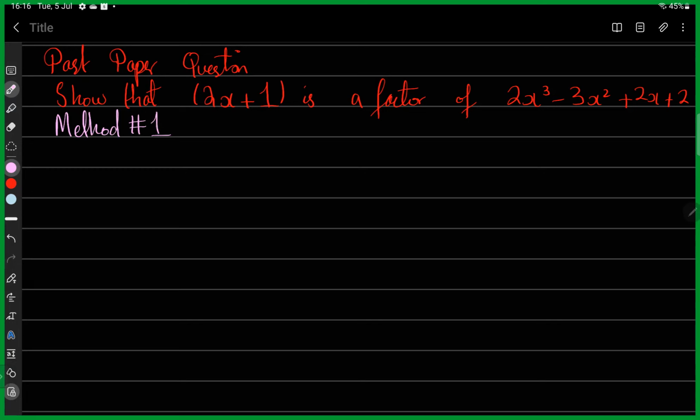Let's talk about method number 1, where we will be doing the long division because this is what we need to discuss. It is 2x cubed minus 3x squared plus 2x plus 2.